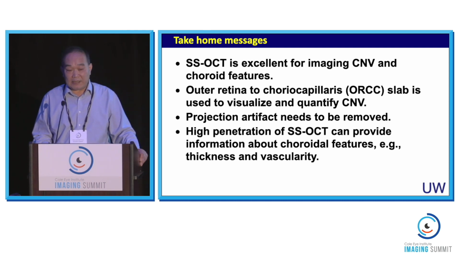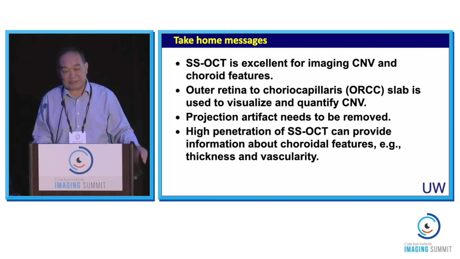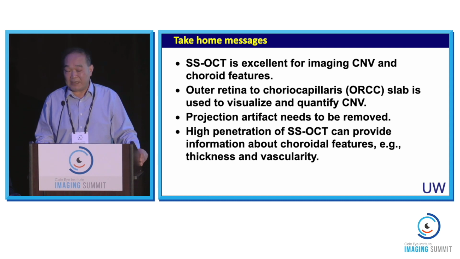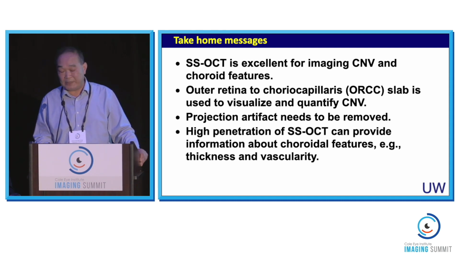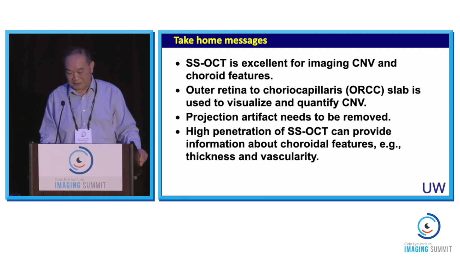And to quantify the CNV, the projection artifacts have to be removed. The high penetration of swept source OCT can provide you information about choroid features. For example, you can measure the thickness and it also provides vasculature information in the choroid. With that, thank you for your attention.